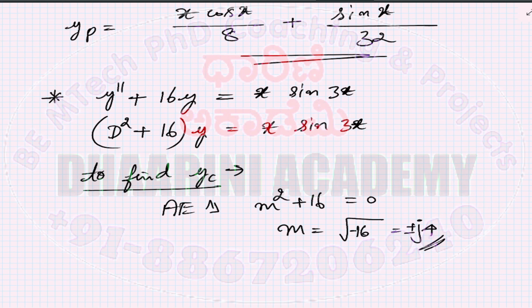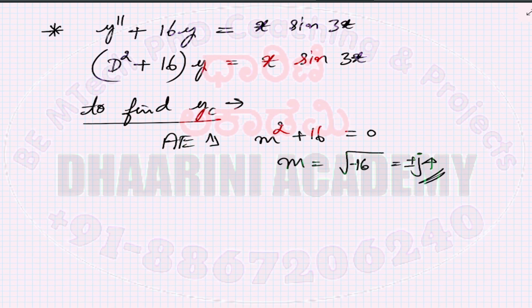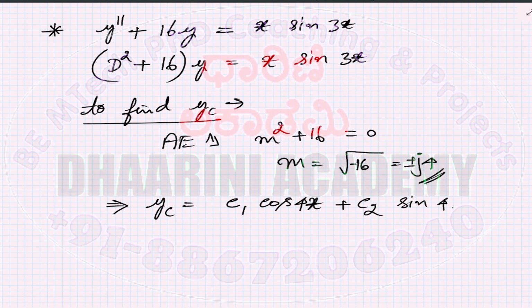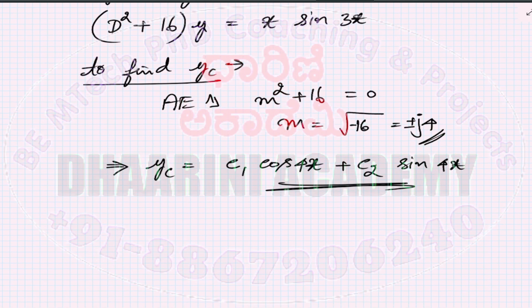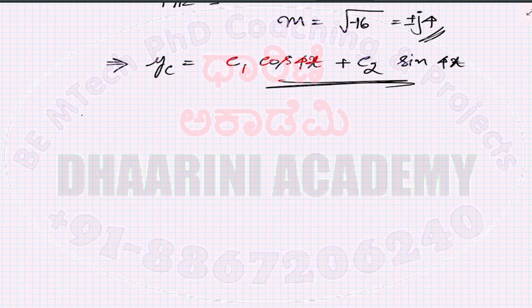So we understand that the roots are purely imaginary and they are conjugate pairs. So this implies yc is equal to, there is no real term, so e to the power 0 is 1, then a constant c1 into cos 4x plus another constant c2 into sine 4x. All right, so we got yc now. Our next intention is to find yp.